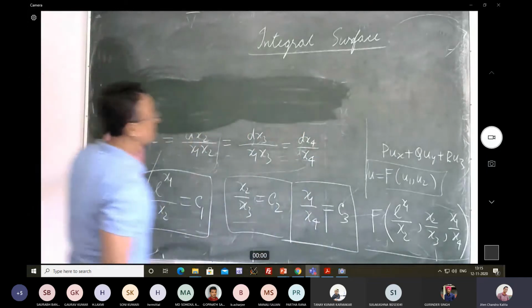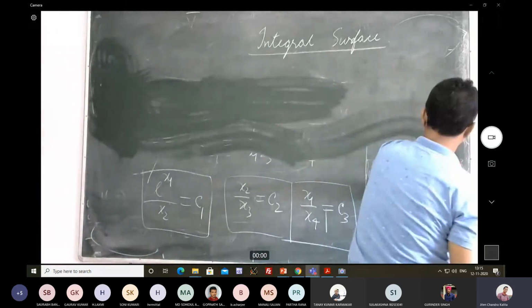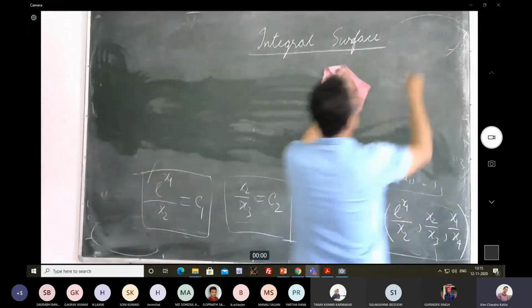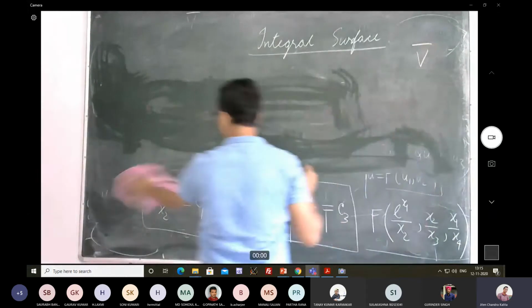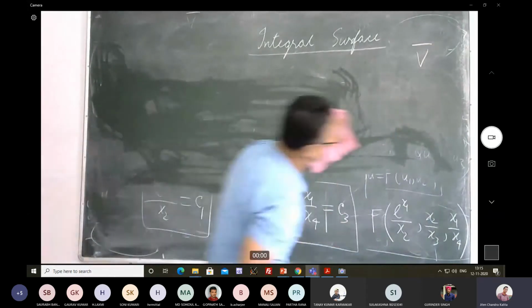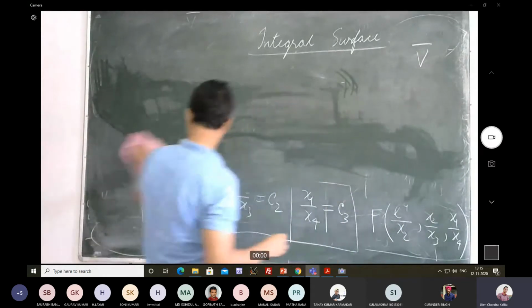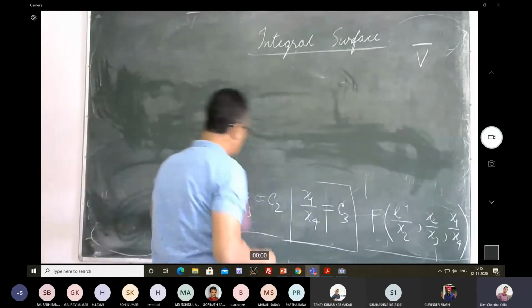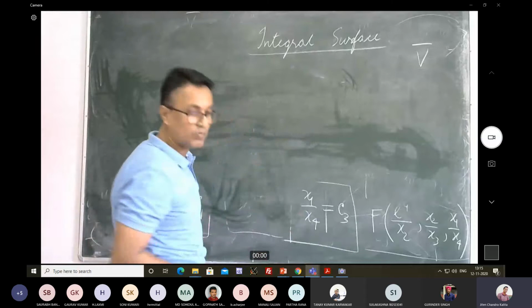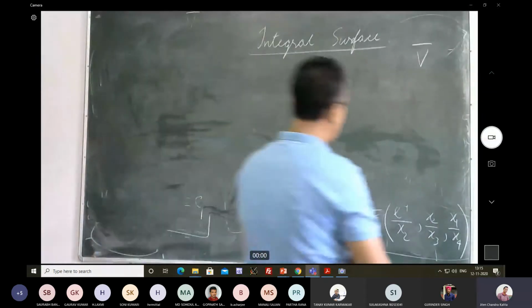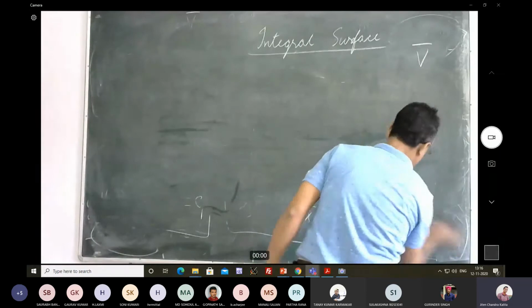And whenever we talked about the integral curve, you have seen that it corresponded to a vector field V. Now I think that has already given you an idea how to define an integral surface. What was an integral curve? Again, I am in 3D. Don't worry about being in n dimensions.